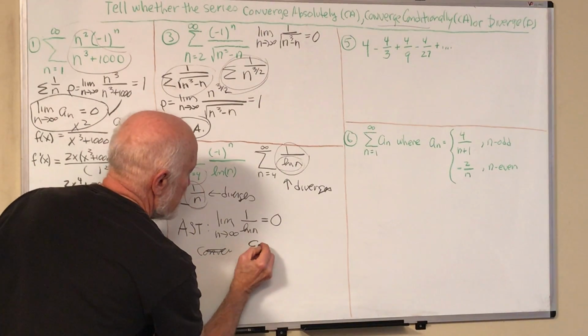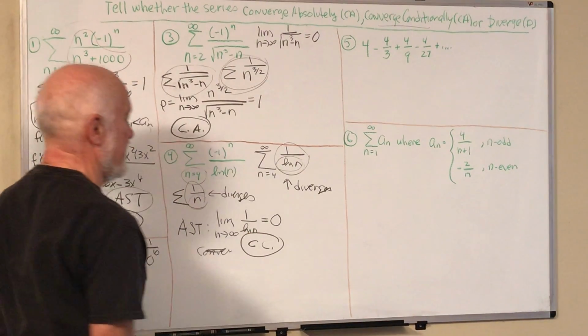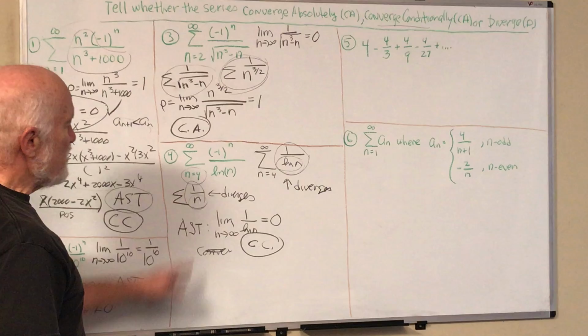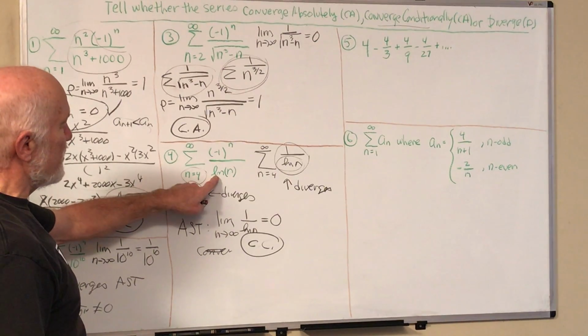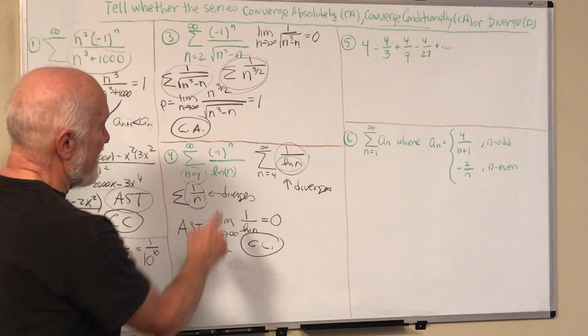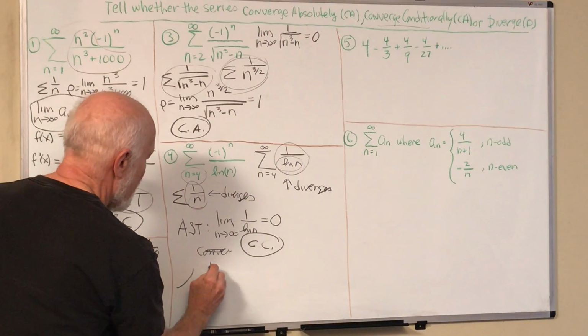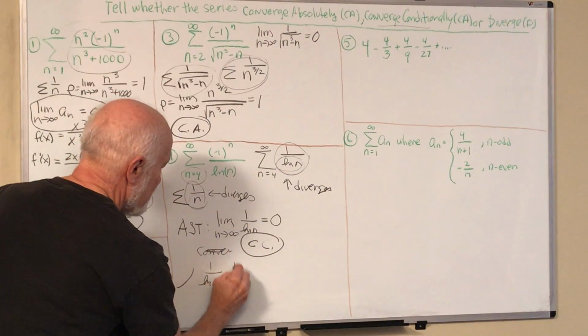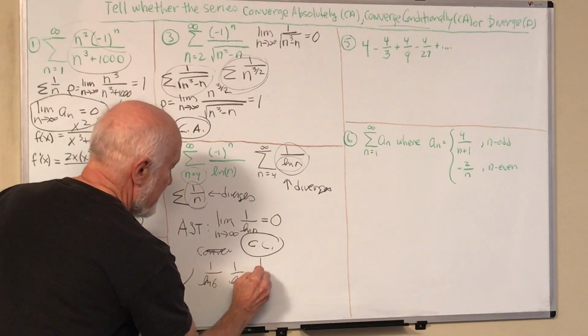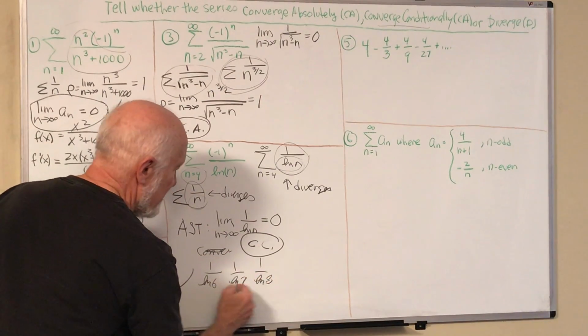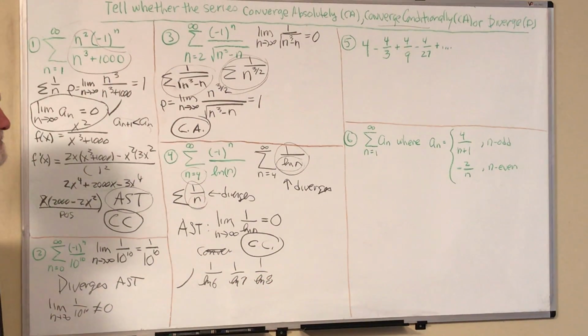I'll just put converges conditionally. And this one wouldn't even be really hard to show that the terms keep getting smaller. If you go from 1 over the natural log of 6 to 1 over the natural log of 7, you can see that these terms do keep getting smaller.